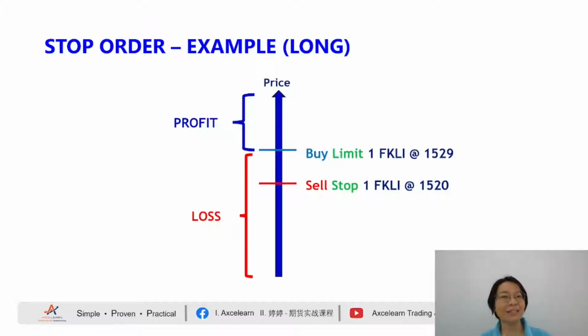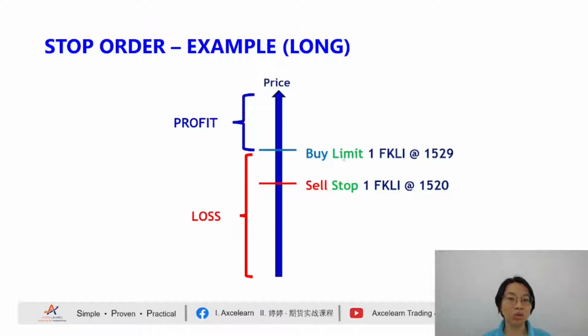Now from this example itself, I'm going to explain the 3 keywords from just now: triggered, sent to the market, and next best available price. Look carefully, I'm trying to explain to you. Just follow my cursor. So for example, I bought a contract at the price of 1529. If the market starts to move higher, I'm okay because I'm making a profit.